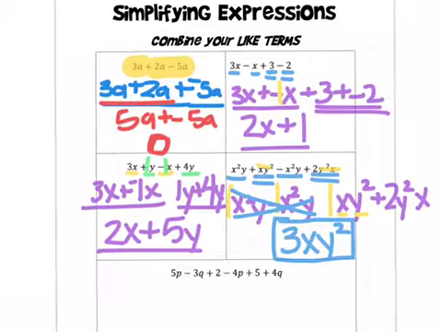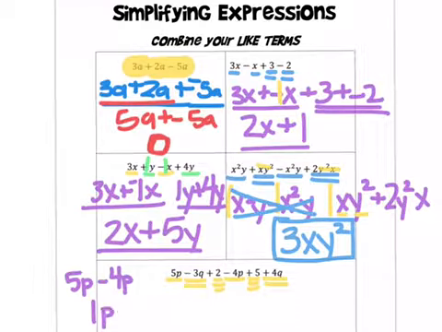On this last example, we don't have 2 like terms. We have 3. So we have 5p and minus 4p. We have minus 3q and 4q. And then we have 2 and 5. So I underline them all differently to show that they are different from each other. So what we have to do now is combine our like terms. We have 5p minus 4p, which is 1p.